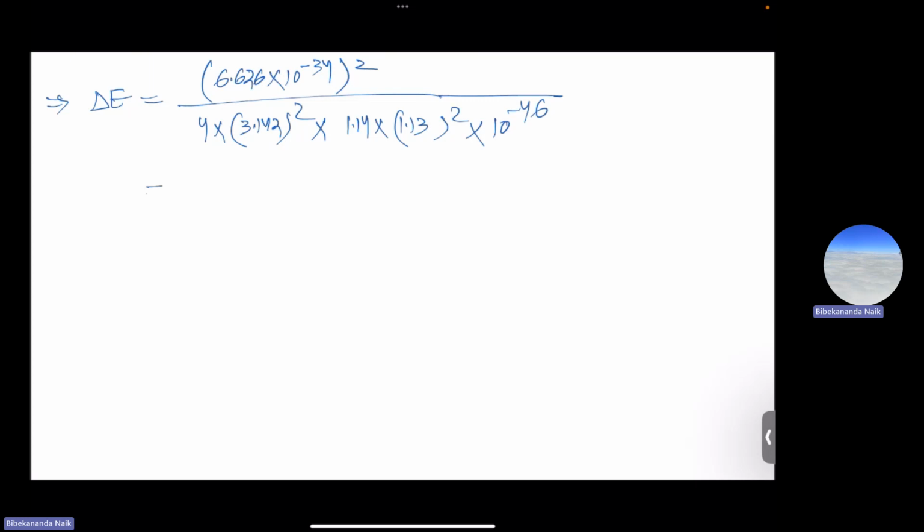Since all these units are in SI units, the value of energy will be in joules. If you calculate, it will give 7.64 into 10 to the power minus 23 joule.